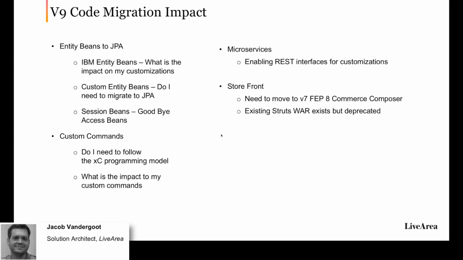IBM still had those API compatibility rules, which I knew about when I worked in IBM, and they still maintain them. As such, methods and APIs that you depended on from a previous release, more than likely, may have some slight changes, but they exist in the current version 9 release, which is great because if you've customized or created a task command or used an extension point, it's very likely that that extension point will exist in the version 9 system.